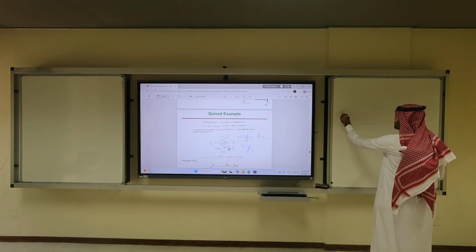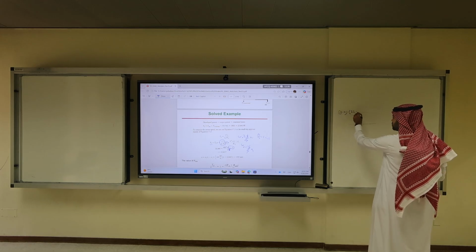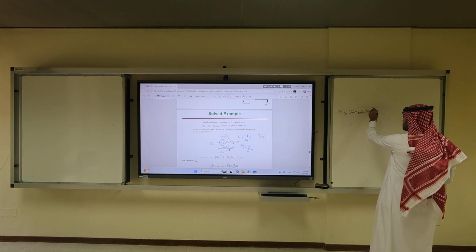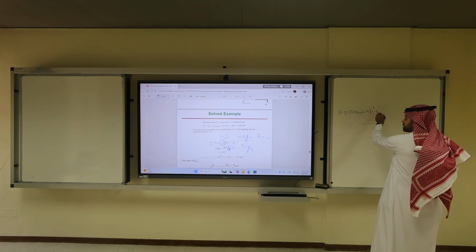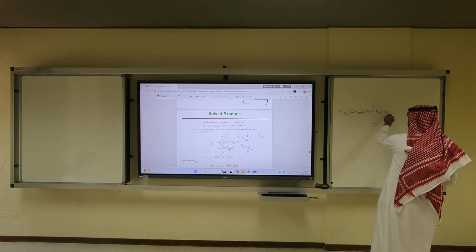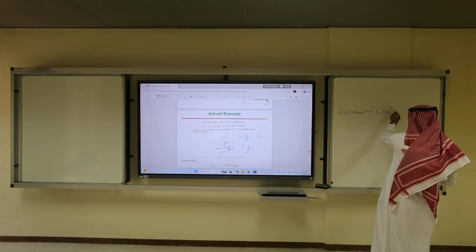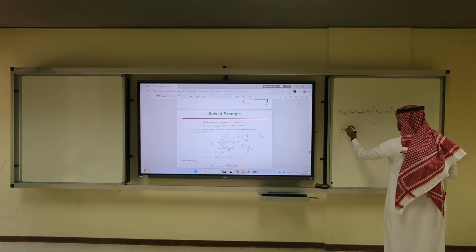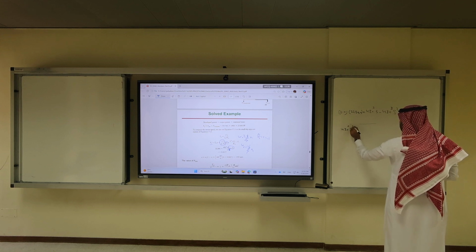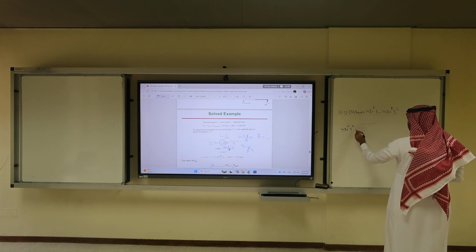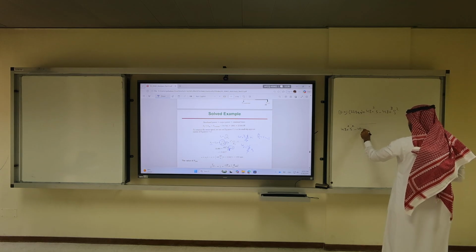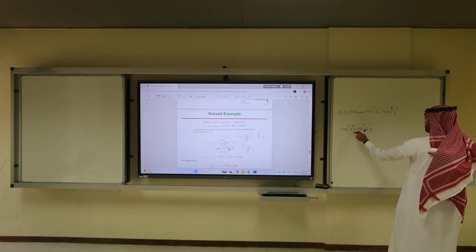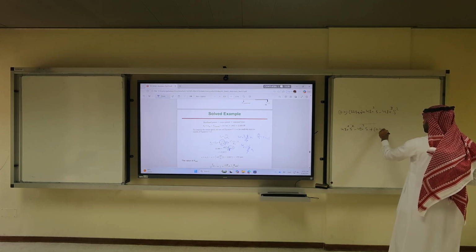So it's going to be 0.4 times 22880 would equal 480 square S minus 480 square S square. So fix it, it will be 480 square S square minus 480 square S plus 0.5 times 22880.